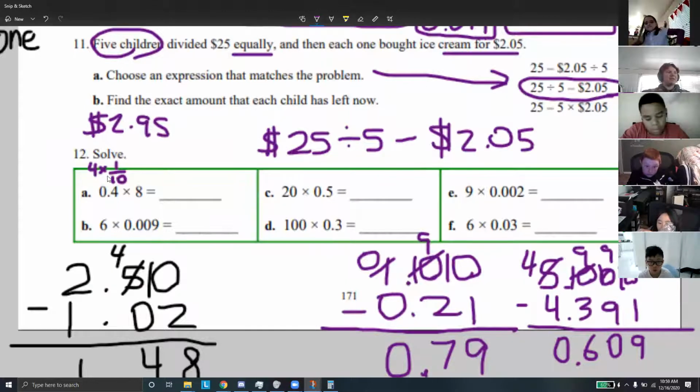We know that because that's how the 10th place works. This 4 is in the 10th place, and anything in the 10th place is times 1 over 10. So this 4/10 is actually 4 times 1 divided by 10. And so this whole problem is actually 4 times 1 divided by 10 times 8. And so we could rewrite that as just 8 times 4 times 1 divided by 10.